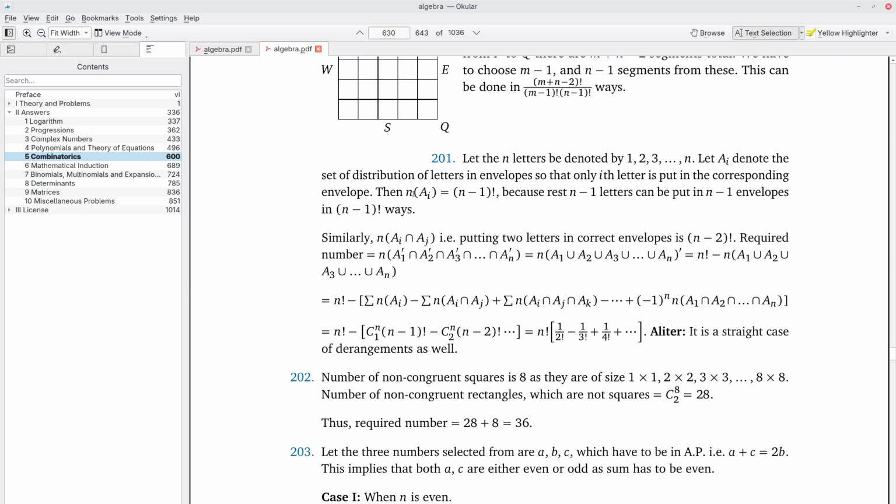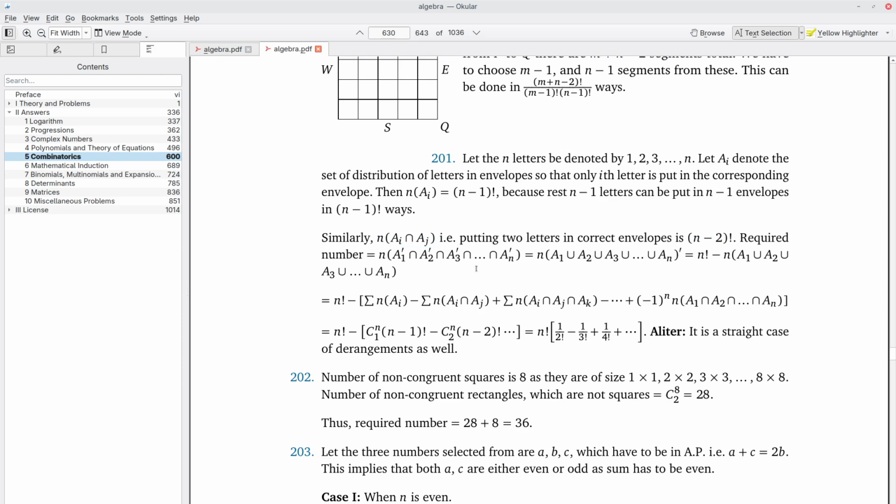Now, the number n(Ai) would be (n-1)!, because the remaining n-1 letters can be put in n-1 envelopes in (n-1)! ways. Similarly, if you want to put two letters in correct envelopes, that would be denoted by n(Ai ∩ Aj), and that would be (n-2)!, and so on.